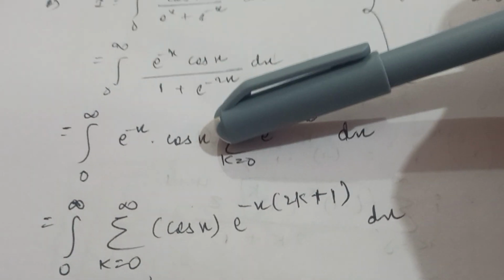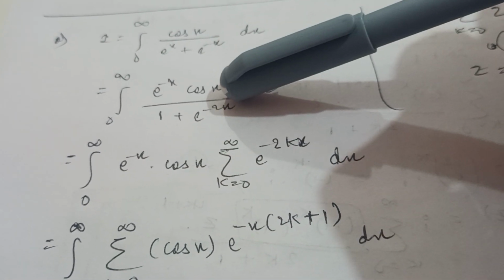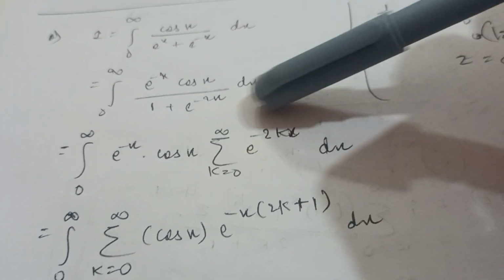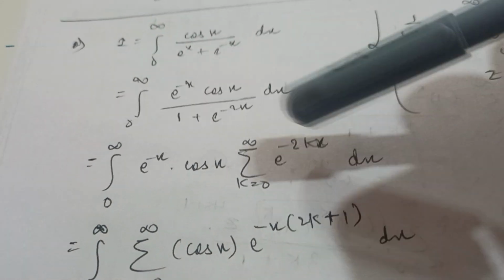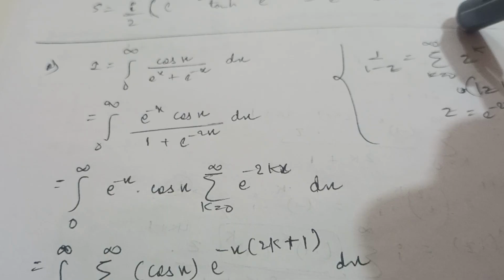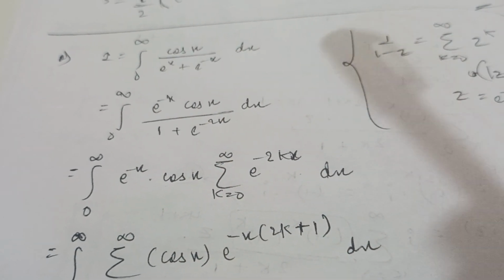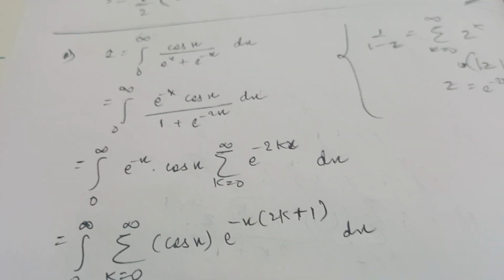Again, now the integral from 0 to infinity of e to the power minus x, and I am writing 1 upon 1 plus e to the power minus 2x as a summation, according to the formula that I explained, and cos x. Well, I am not proving this formula right now, but if you want I can prove it in some other video, but it is not that tough, you can check it out also.